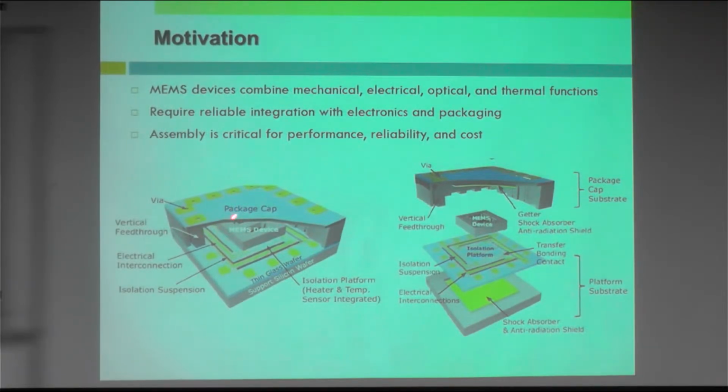At the same time, we have to address the electrical circuitry in terms of contact points, for example circuit lines, and the thermal effect and thermal function of the device, etc. Therefore, the assembly is very critical for performance, reliability, and cost.